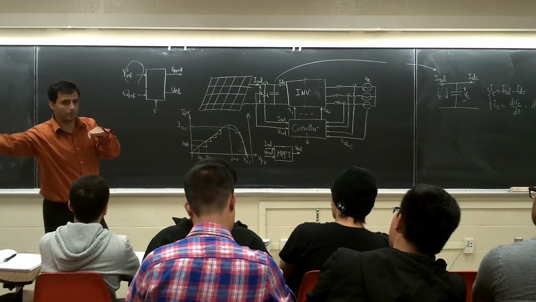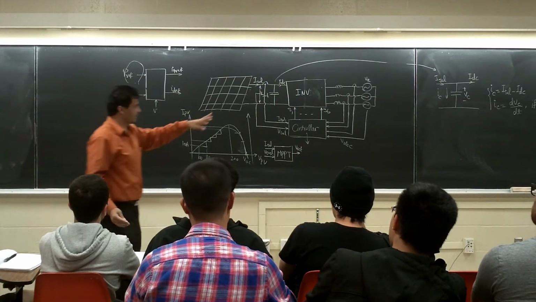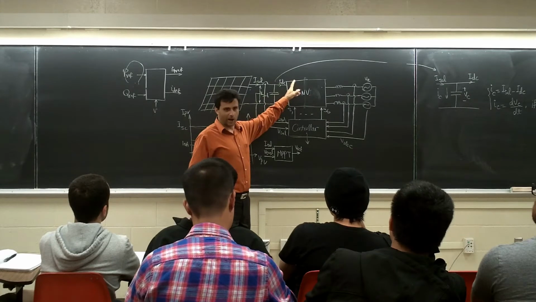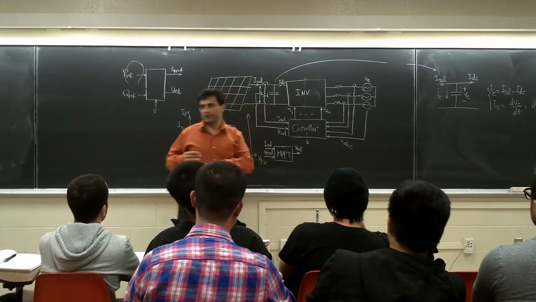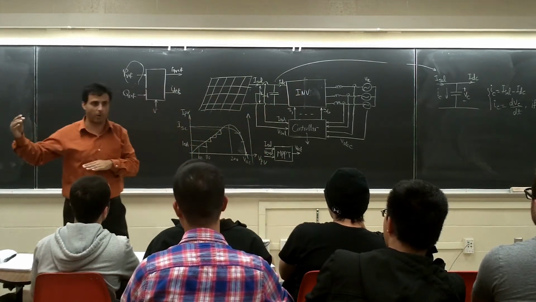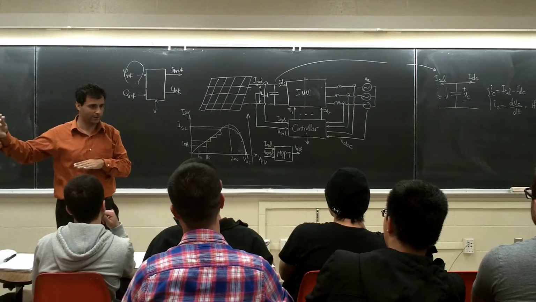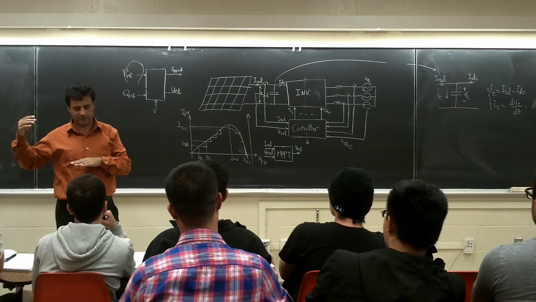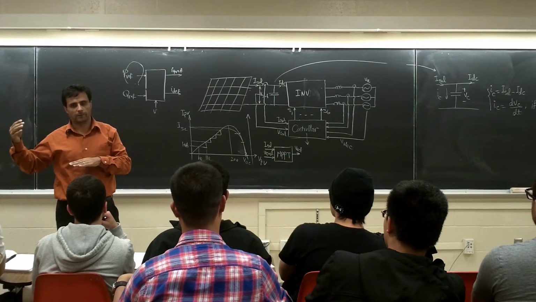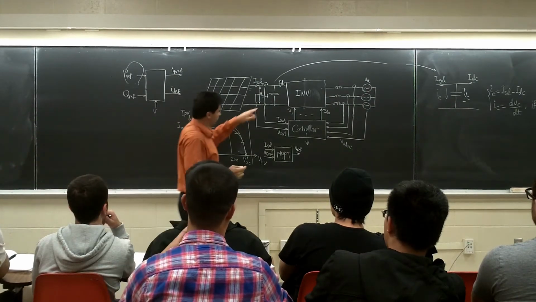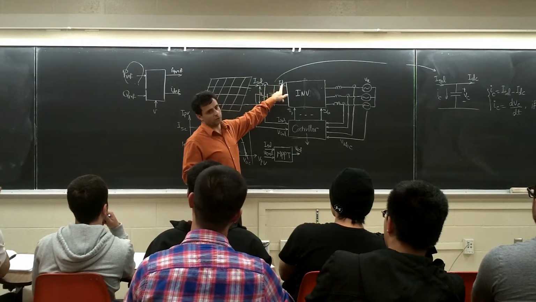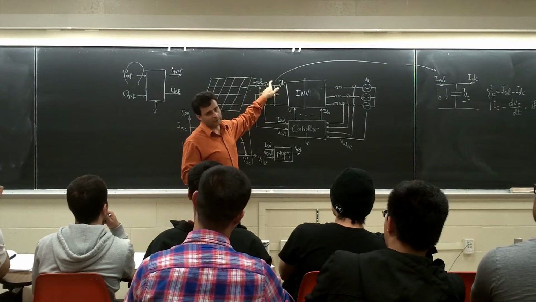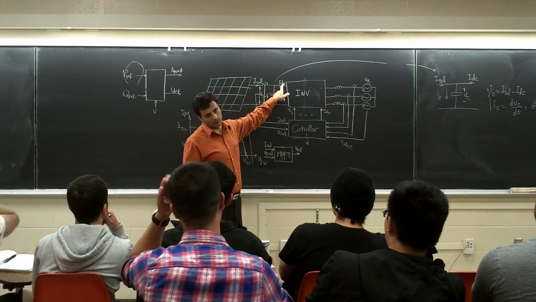We should reduce the P. Current means P. If the voltage is less than what we want, the power should reduce. If this voltage is more than what we want, the power should increase.